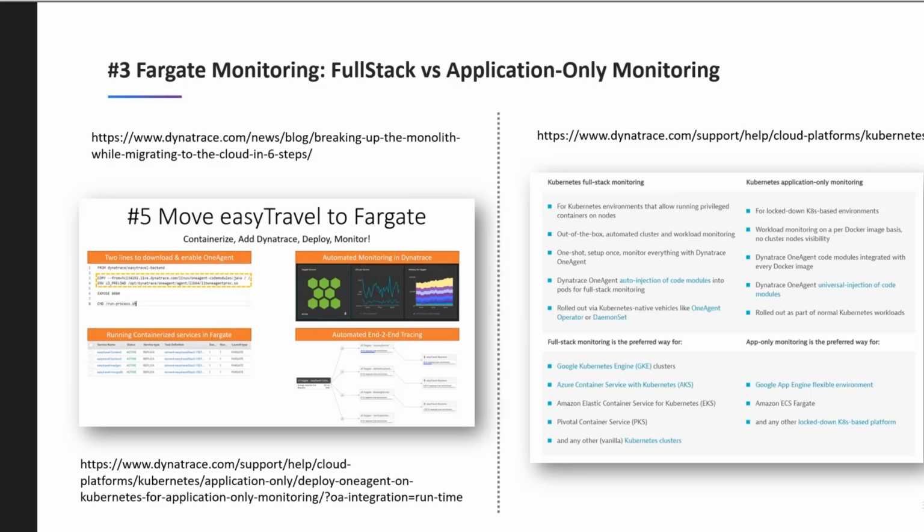So all the steps are actually explained in that blog post that we wrote for that session, including how you actually instrument Fargate with Dynatrace, how you can bake the OneAgent into your Fargate containers. Also on the right side, we have a lot of great documentation on when to use full-stack monitoring of Kubernetes versus application monitoring. So check out all these links.